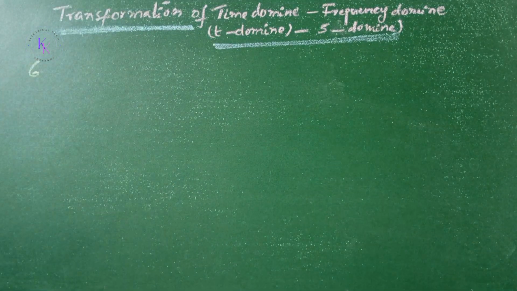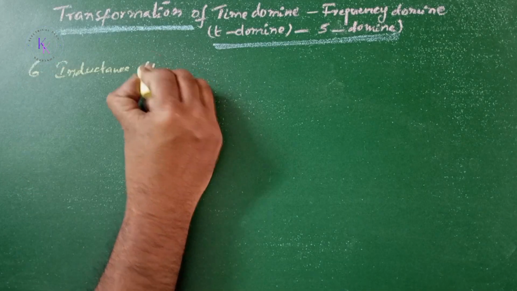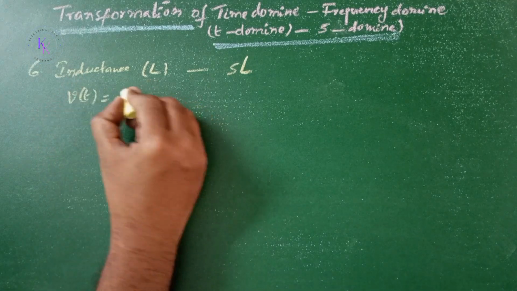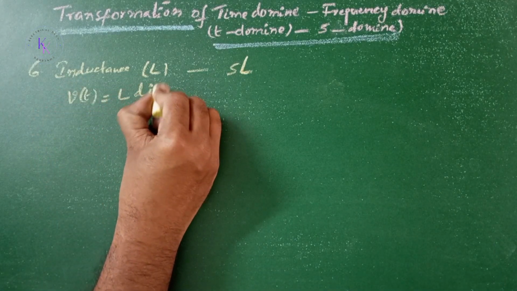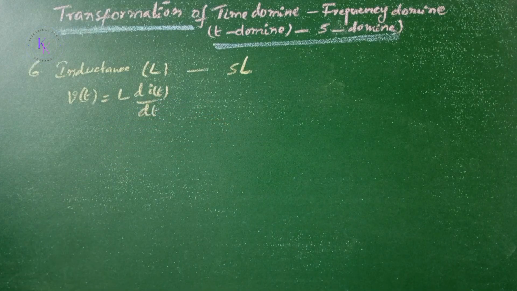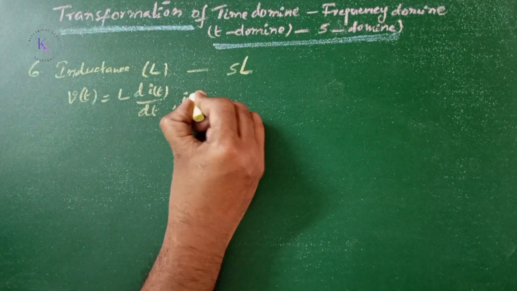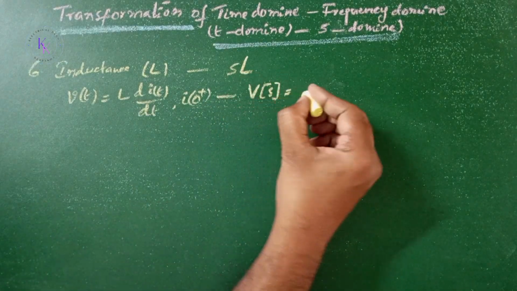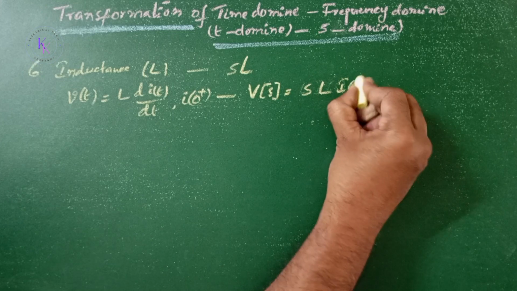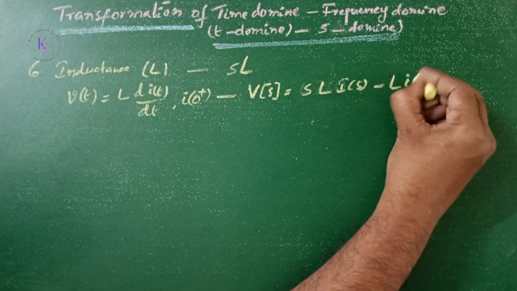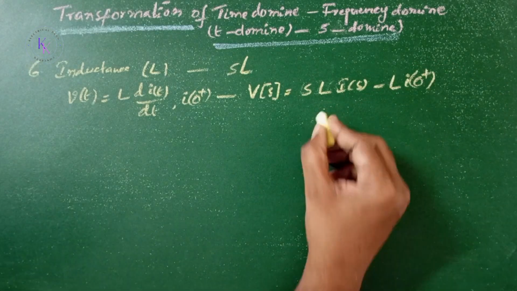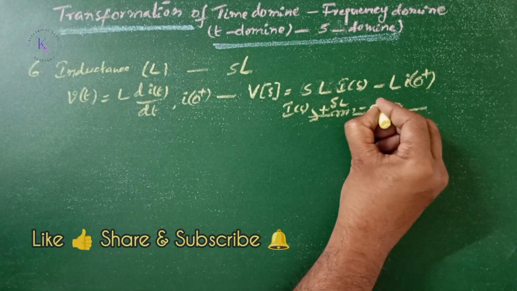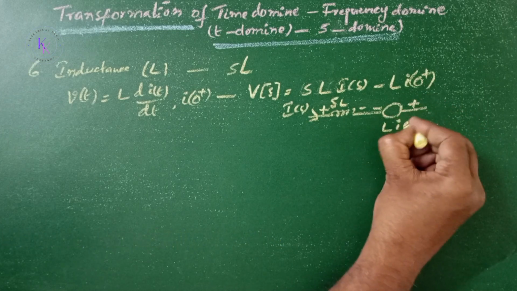And the sixth one, inductance element L in s-domain is sL, and the voltage given by v of t equals L di by dt, with initial current i of 0 plus, is given in s-domain as V of s equals s times L I of s minus L i at 0, and in the circuit, sL I of s flowing, so positive negative and negative positive L i0.